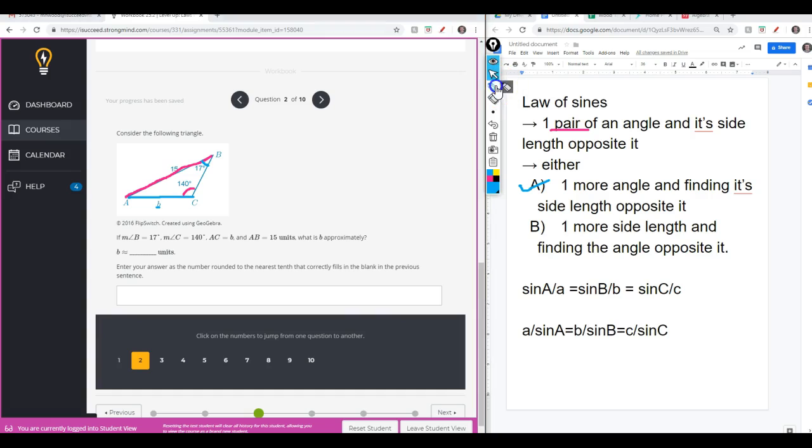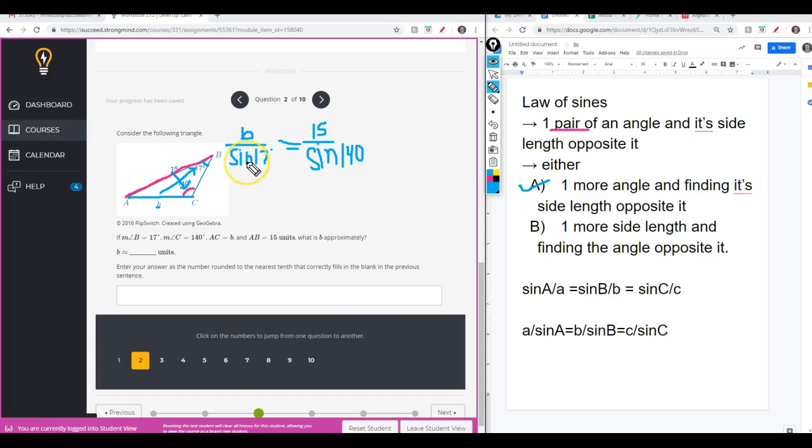I have the side length that I want to find, little b, divided by the sine of the angle opposite it, sine of 17 degrees, which is going to equal another side length, 15, divided by the sine of the angle opposite it, sine of 140. I was just telling you the relationship between these two.